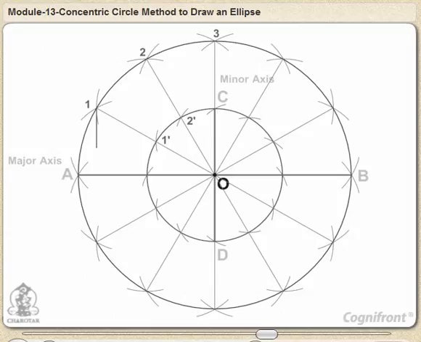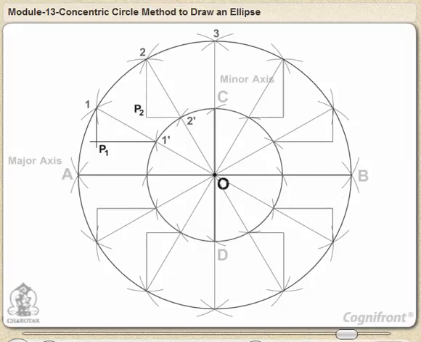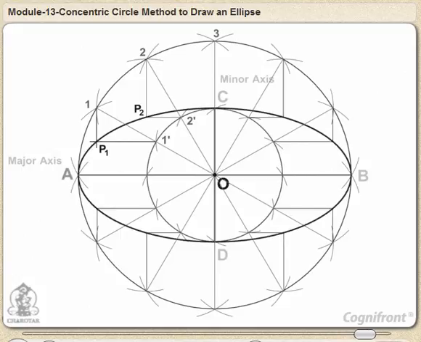Through point 1 dash on the minor axis circle, draw a line parallel to AB, the major axis. The point P1 where these two lines intersect is on the required ellipse. Repeat the construction through all the points. Draw the ellipse through A, P1, P2, etc.